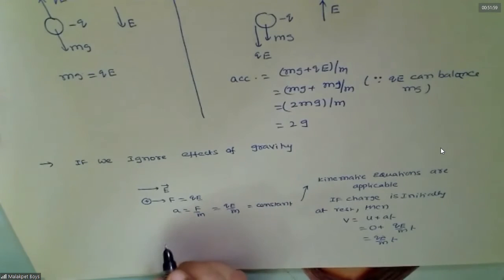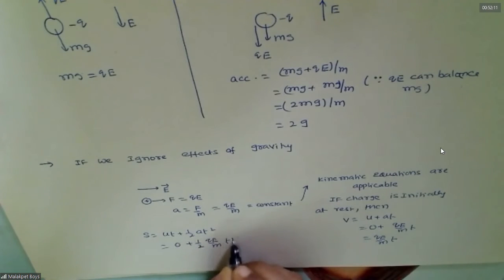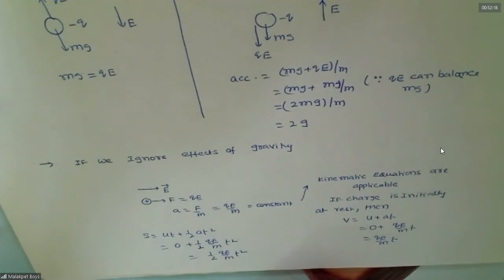Then again you can see displacement. The initial velocity is anyhow zero starting from rest, otherwise you'll give some value. What is it? Understood this? Understood, sir.